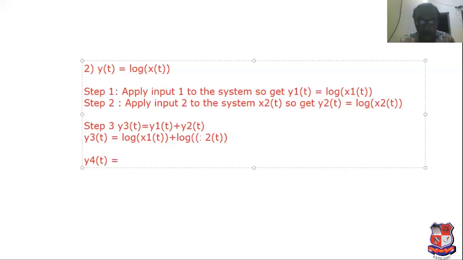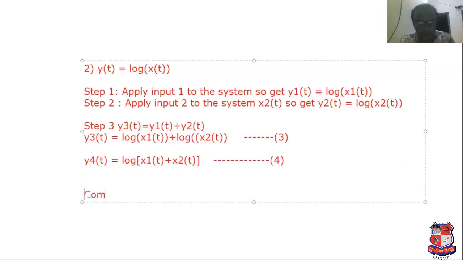So y4 of t equal to log of x1 of t plus x2 of t. Consider this is step 3. Consider this can be considered as step 4.